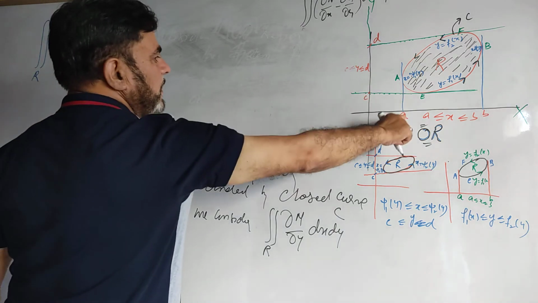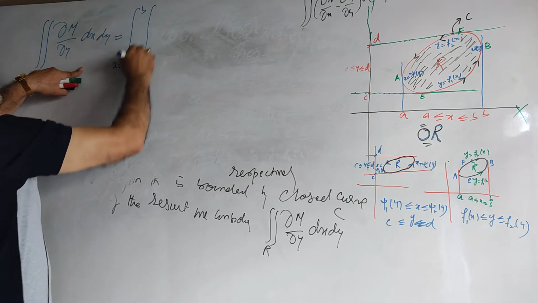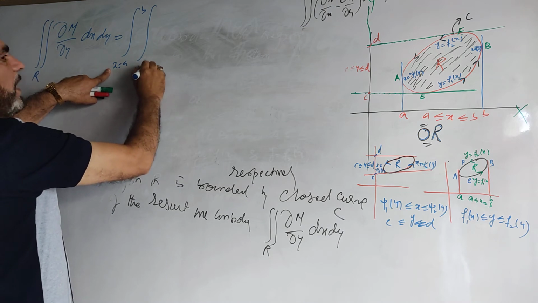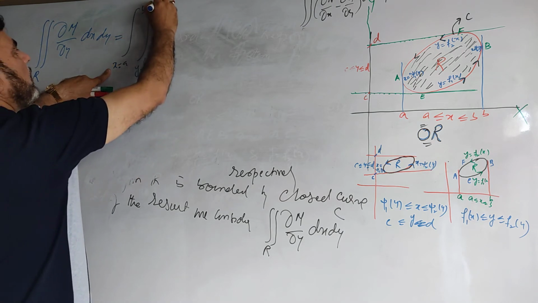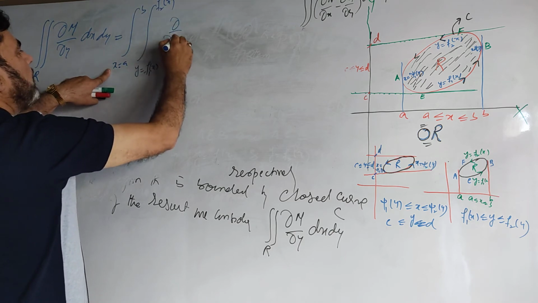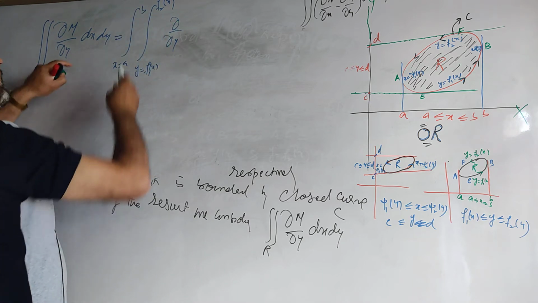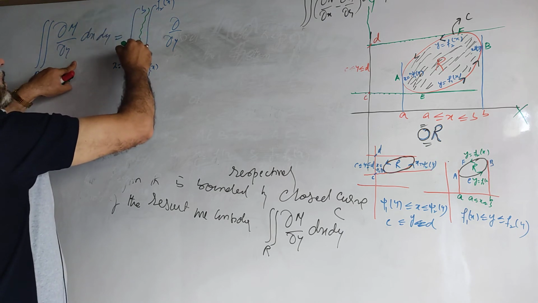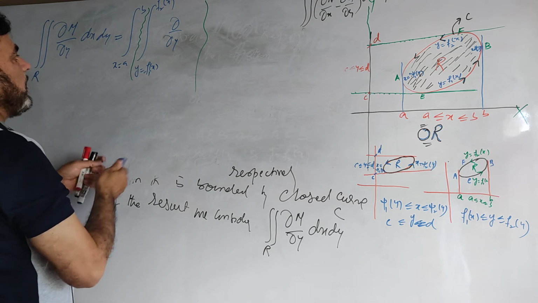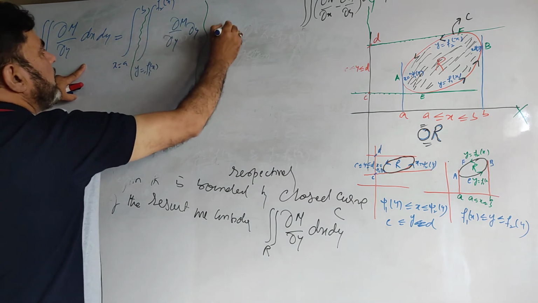Now look to the curve. x is from a to b, double integral, and y is from f1(x) to f2(x). We will take this part first, because it is the derivative with respect to y. You just see what I am doing. M with respect to y, dx.